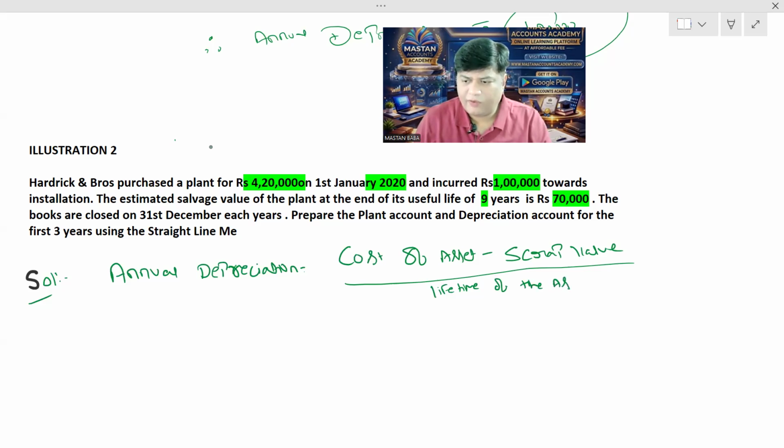So substitute the values, dear students. If the rate is not given in the question, then we follow this procedure. If the rate is given, we can go directly for the answer.